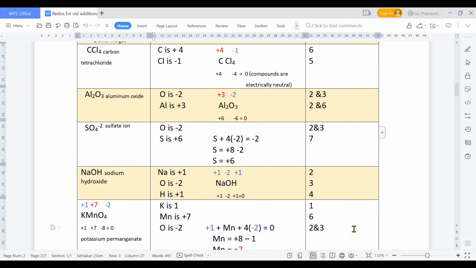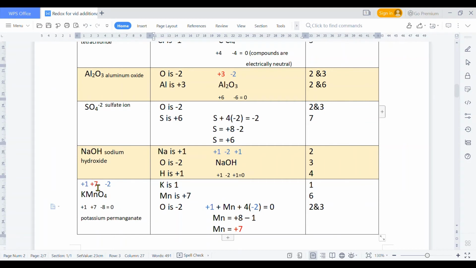Next, sodium hydroxide. Again, sodium is assigned +1. In the periodic table, check your cation and your anion. And oxygen is assigned a -2 oxidation state.